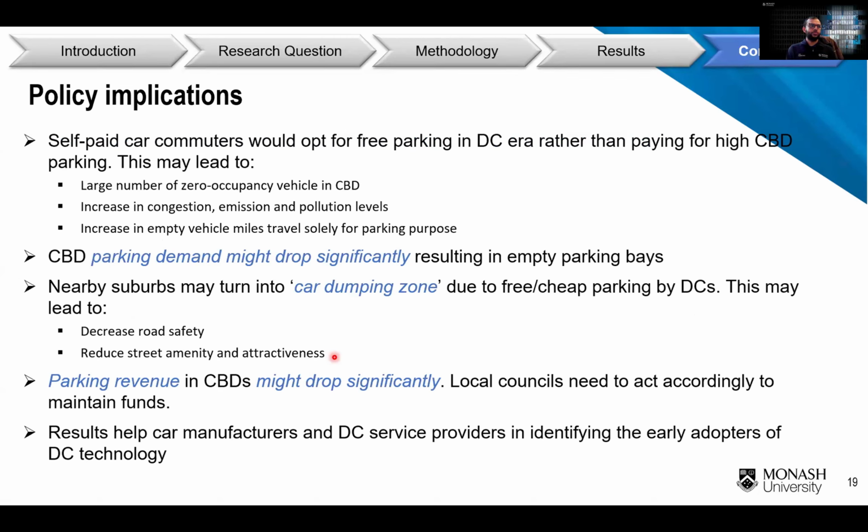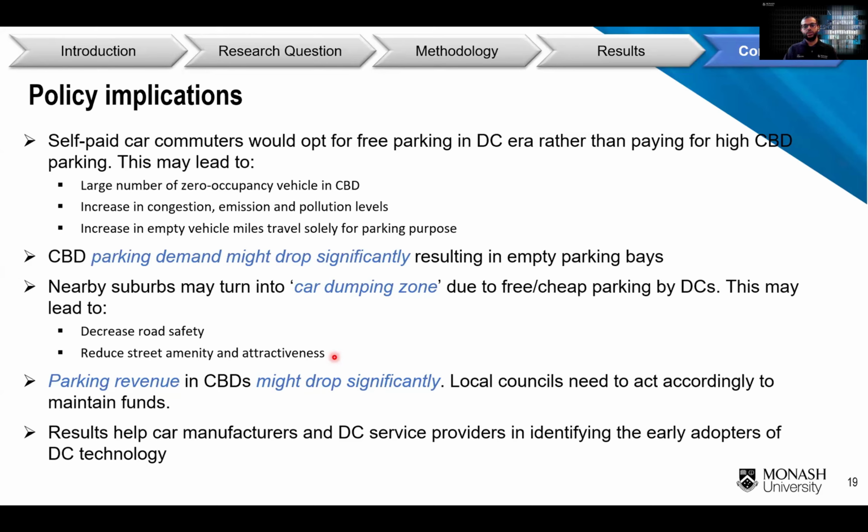The CBD parking demand might drop significantly, resulting in the CBD and downtown empty parking bays. The nearby suburbs close to the CBD may turn into car dumping zones, because if self-paid car commuters are willing to go for cheap or free parking in the nearby suburbs, that will decrease road safety and reduce the amenity and attractiveness of the streets.